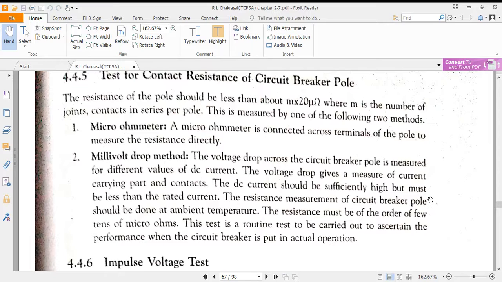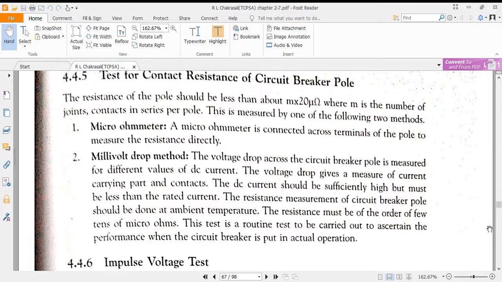Once we know the current, which is anyway known to us, and we know the voltage drop measured across the poles, R can be calculated very easily.